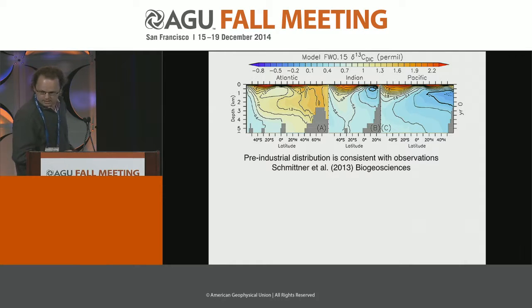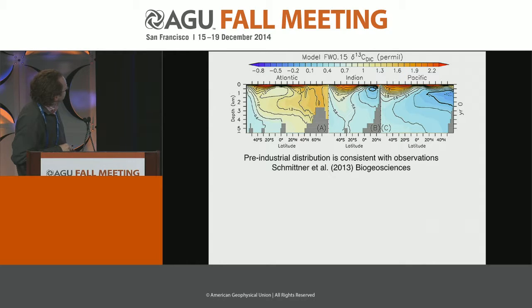Now here are some distributions of C13 in the control simulation, what I call here year 0, showing the distribution in the Atlantic, Indian Ocean, and Pacific as a function of latitude on the horizontal axis and depth on the vertical axis, where the high values are in orange and red, in the surface and in the North Atlantic.